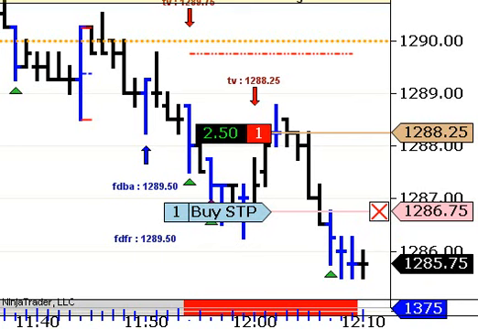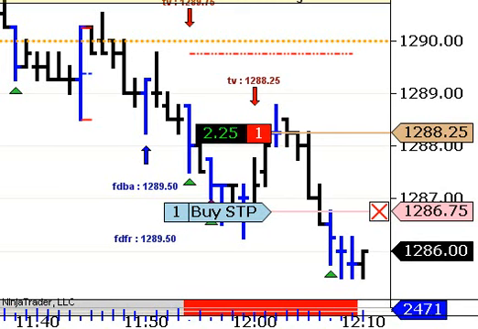So we're just going to keep monitoring this market, see if it does continue to go lower, and if we're fortunate enough for it to keep going lower and producing selling paint bars. We consider a selling bar to be any bar that takes out its previous bar's low, as long as it's not an inside or an outside bar.